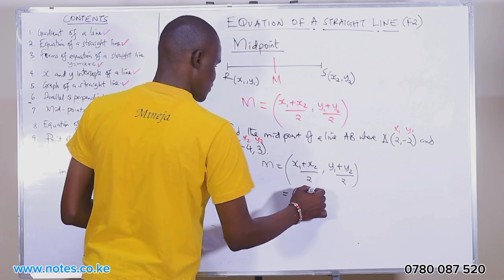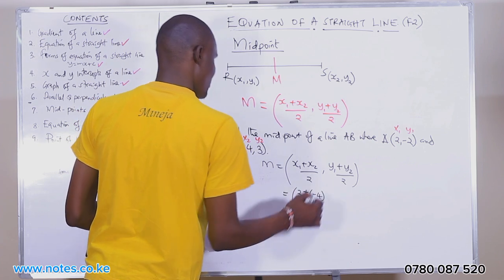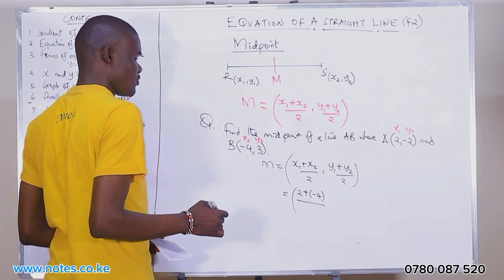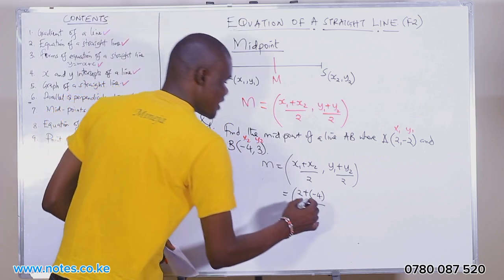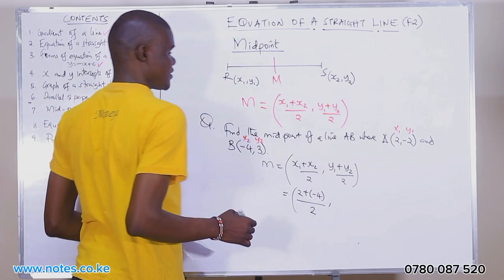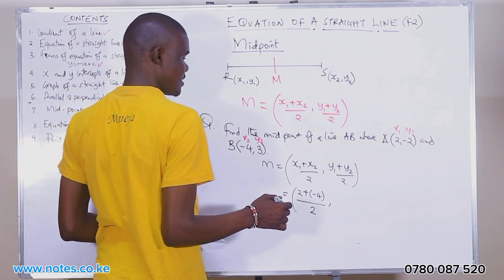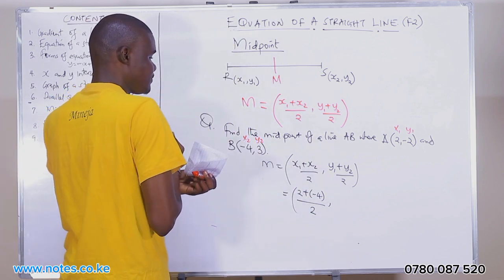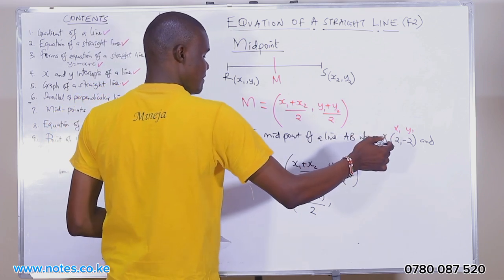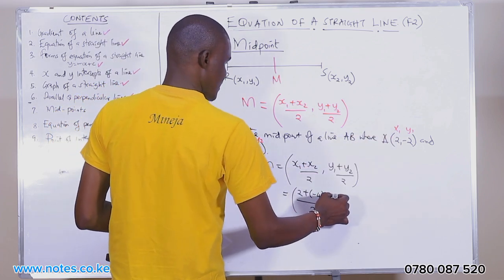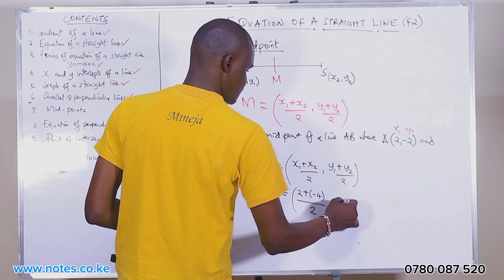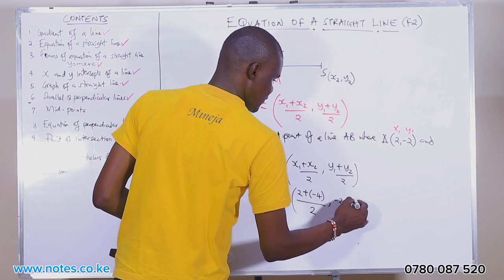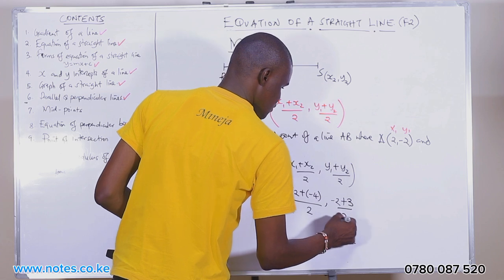plus x2, negative 4. Be very keen with the signs. This is where examiners catch most of you, because you are hurrying, you don't pay attention to details, and that is where you miss the marks. So be keen. When you are dealing with a negative, always put a bracket. y1 is negative 2 plus y2, 3, over 2.